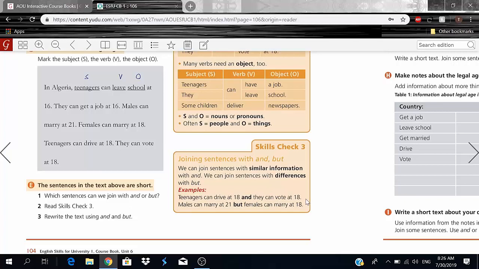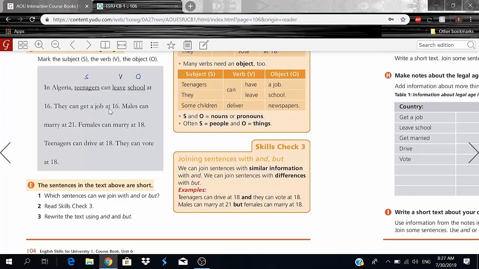Now, number 3 here, or actually, we have to go with number 1 first. Which sentences can we join with and or but? Okay, so I can probably say teenagers can leave school and they can get a job at 16. You guys remember pronouns and nouns, so I don't want to say teenagers twice. I don't want to sound repetitive. So instead of saying teenagers can leave school and teenagers can get a job at 16, it's correct, but it's repetitive.